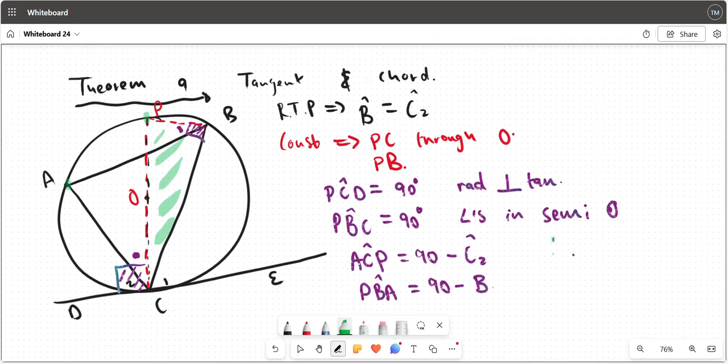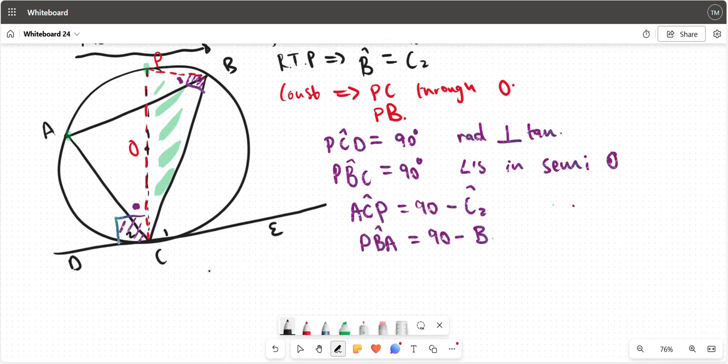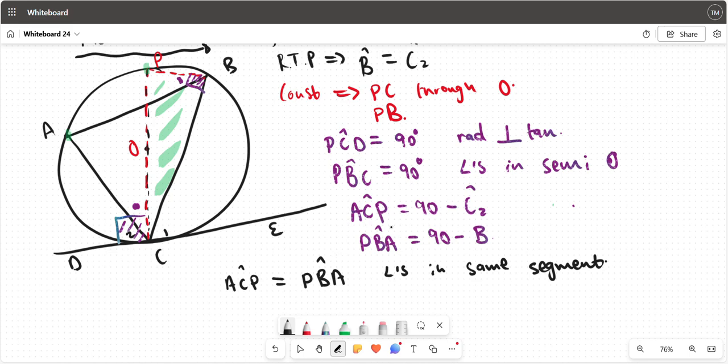And why am I using that? Because those guys are angles in the same segment. So it's telling me that this guy here, which is ACP, is the same as PBA. So those guys are the same, and why? Because these are angles in the same segment. So I've stated those two things.